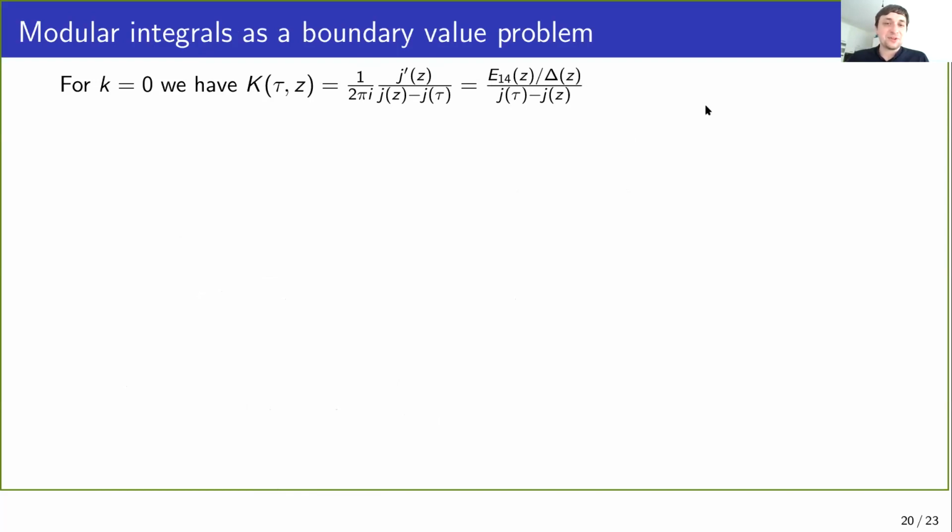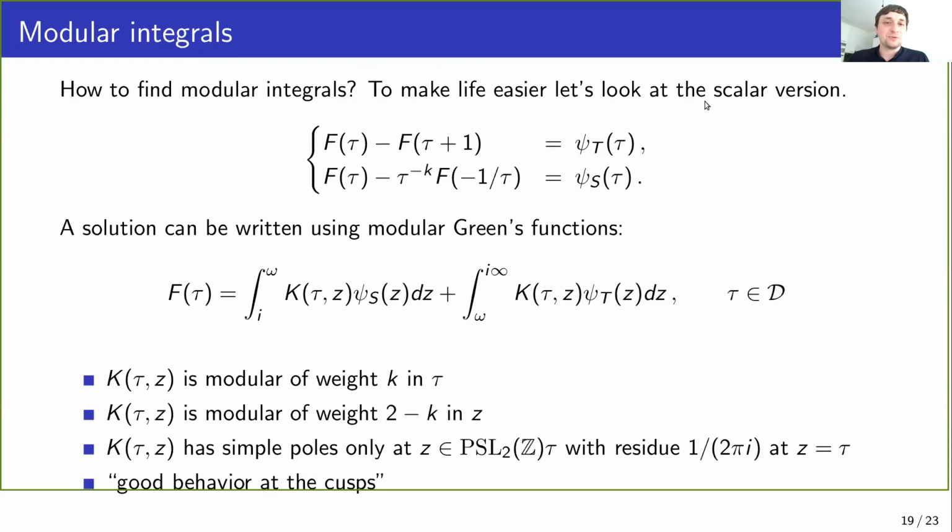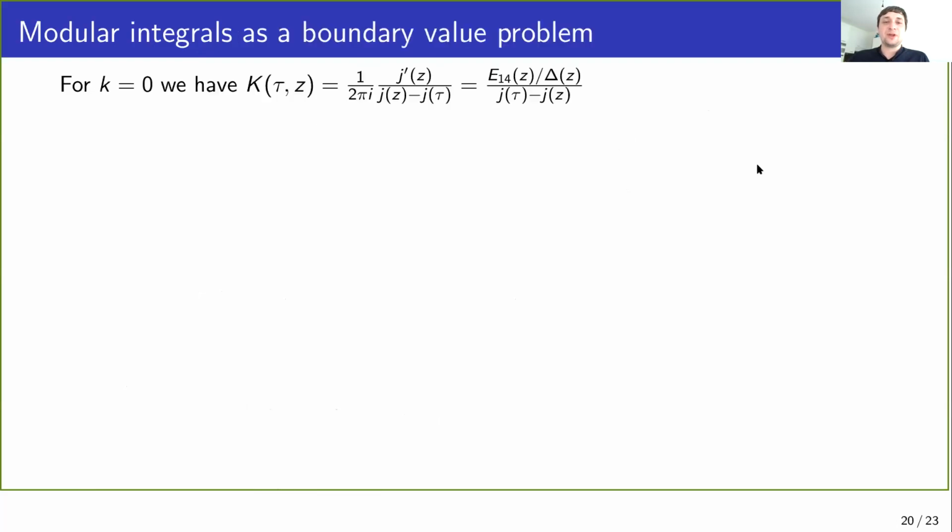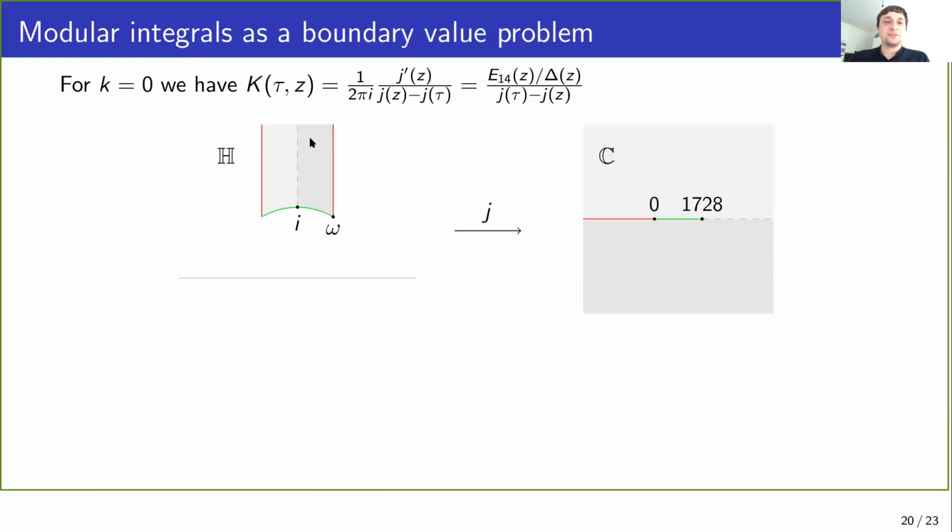And so let me now explain why this actually solves the problem. These two conditions are the translation condition and the inversion condition. If you look at the fundamental domain, then the translation glues together these two sides of the fundamental domain.